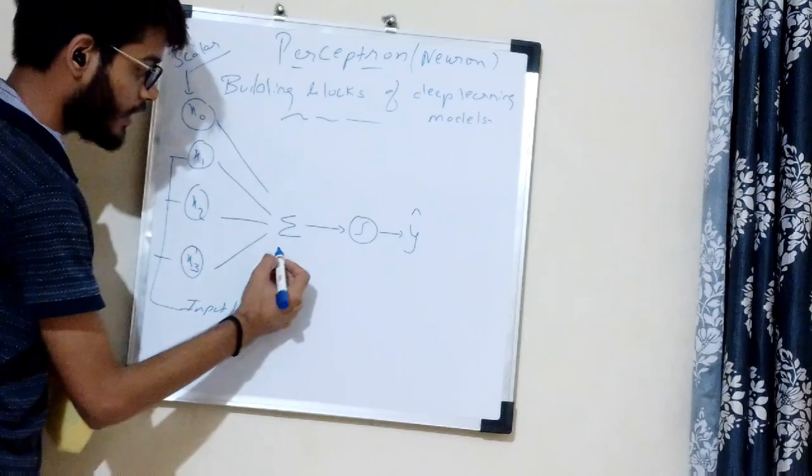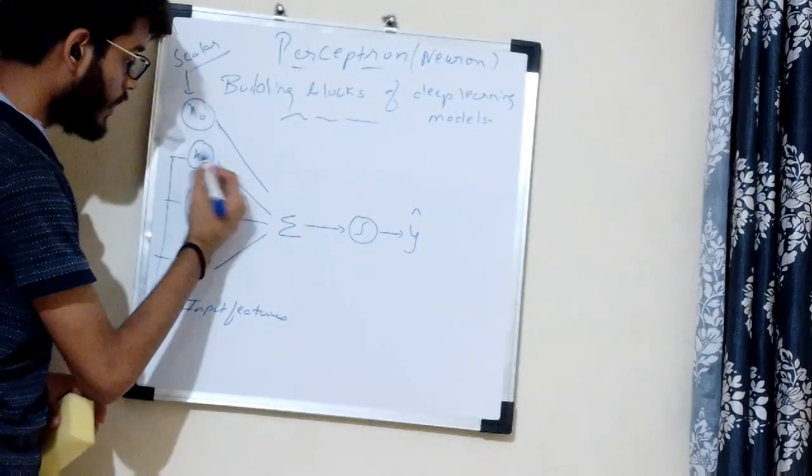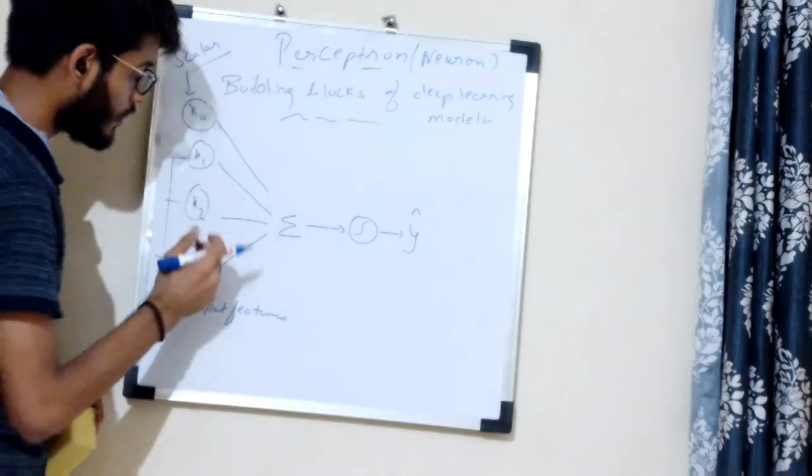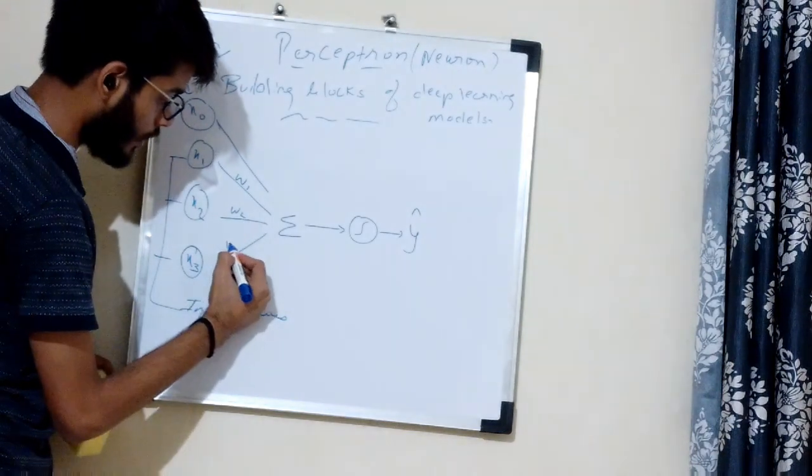So this is basically the summation of x1, x2, x3. But before finding the sum of these input features, we have to multiply each of them with some weight, w1, w2 and w3.